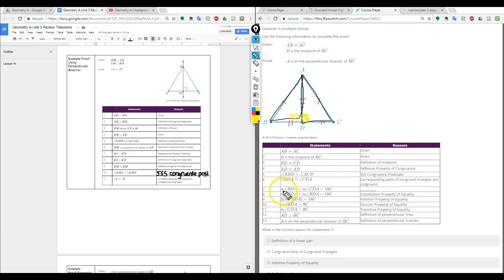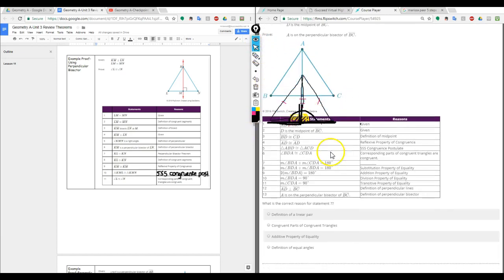And then they're stating that the measure of angle BDA plus the measure of angle CDA equals 180 degrees. Why can they state that? If we look at these two angles, BDA and CDA, if I started with one side of angle BDA and drew all the way to the other side of angle CDA, I could make the straight line BC.